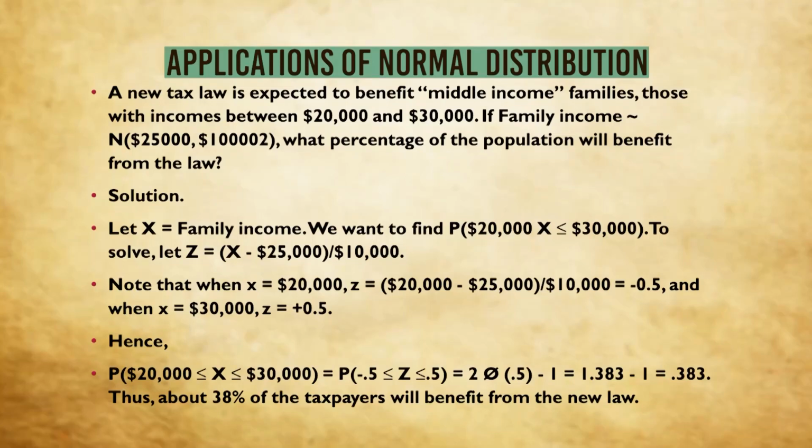We will again use the normal distribution, and we can find that this proportion, in terms of probability, is 2 times capital phi of 0.5, which comes out to be 0.383. So you can see that the normal distribution is very easy to deal with, and we will find out later that it has immense importance in various statistical techniques. So we will go on studying the normal distribution more effectively in the coming days. Thank you.